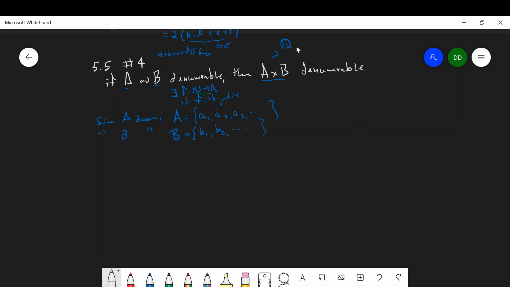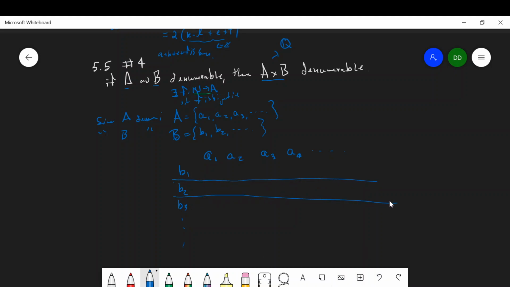With Q, it was really natural numbers cross the natural numbers. Here we just have A cross B, but I can list them out just like I can list out the natural numbers. And so I'll do that. A1, A2, A3, A4, and so on. And then B1, B2, B3, and so on.